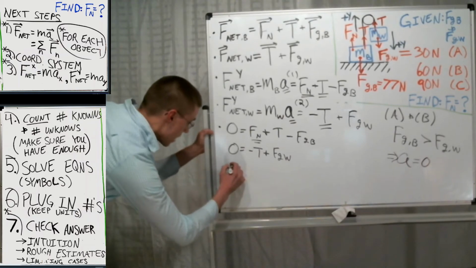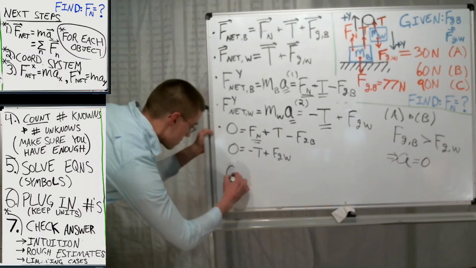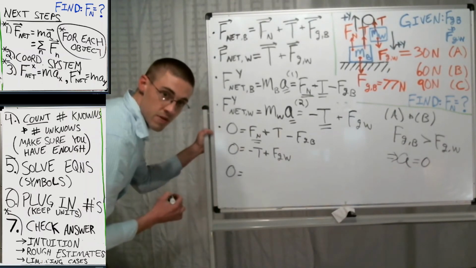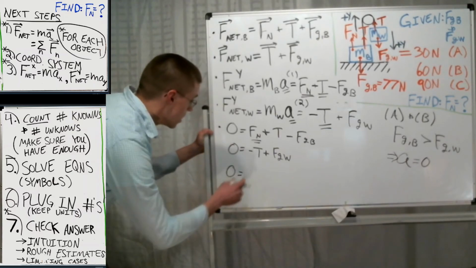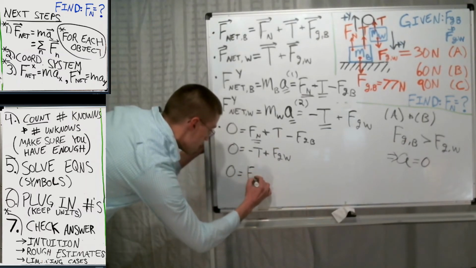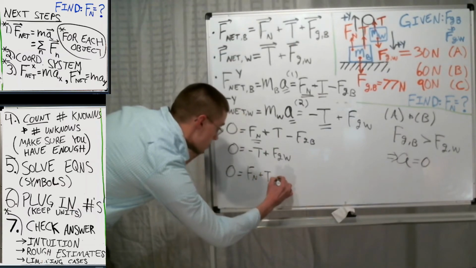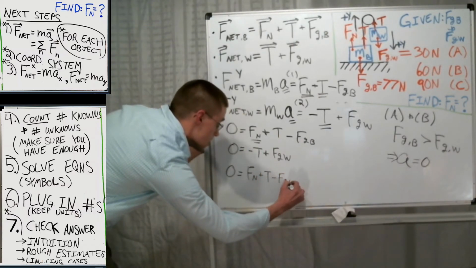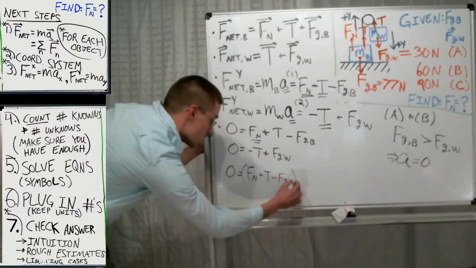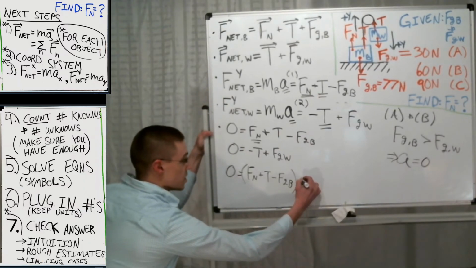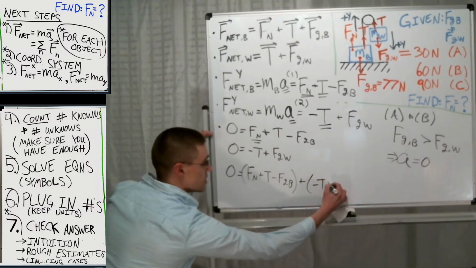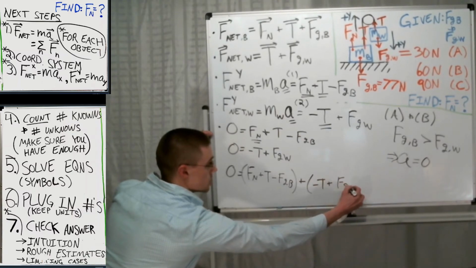So if I do that, adding the left-hand sides, they're both 0, so they add together to be 0. The right-hand side, I get an Fn plus T minus FGB, first equation, plus this, minus T plus FGW.